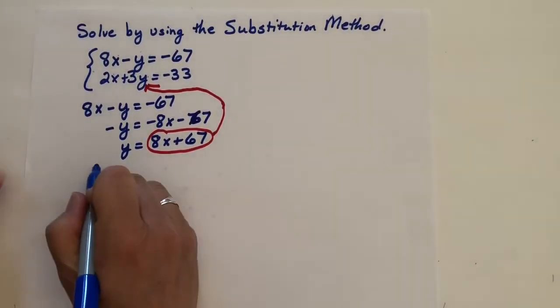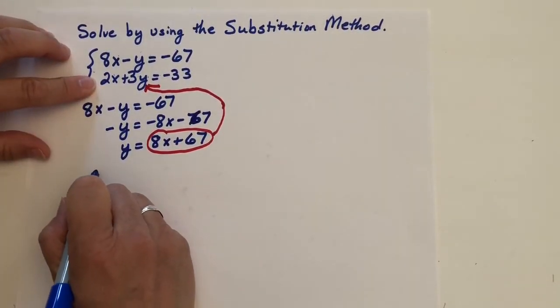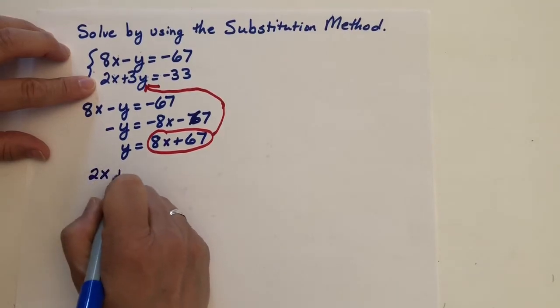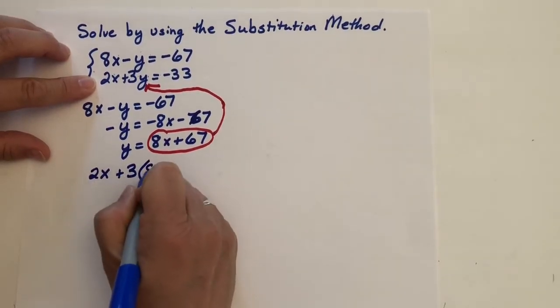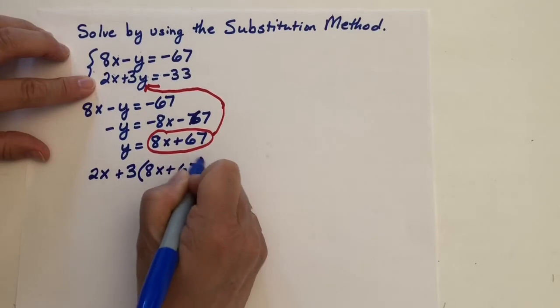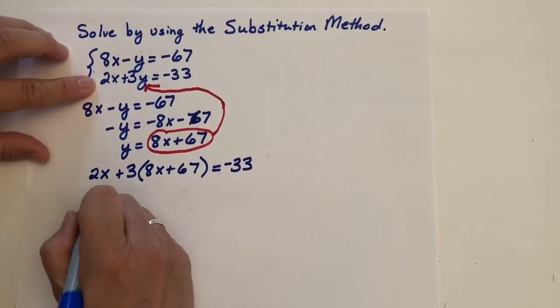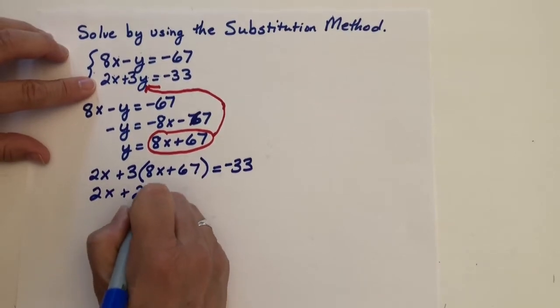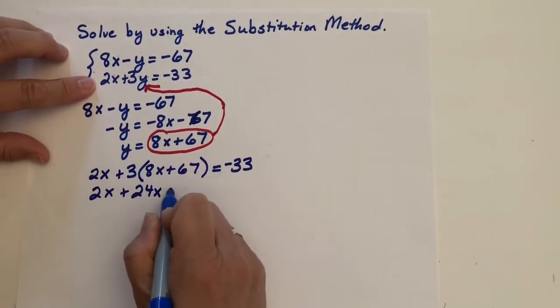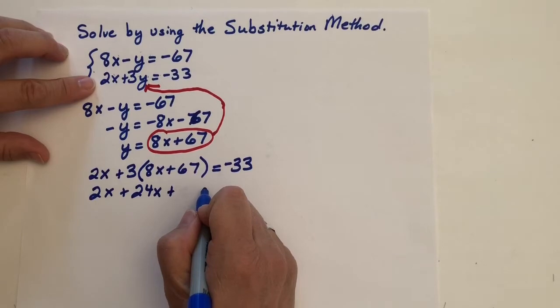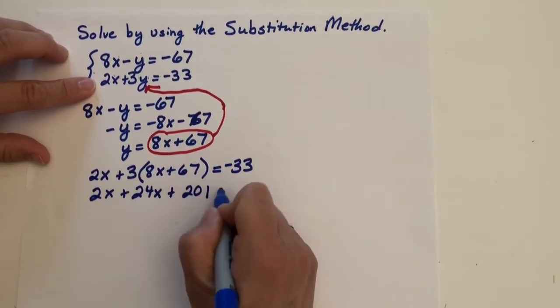So my equation would become 2x plus 3 times (8x plus 67) equals -33. And now we can just solve our linear equation. Let's do that. Let's see, 67 times 3 is 201.